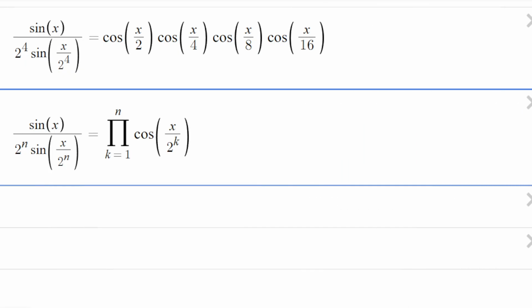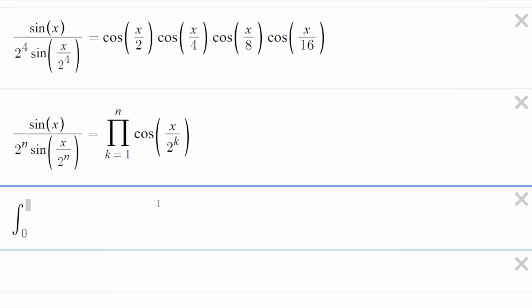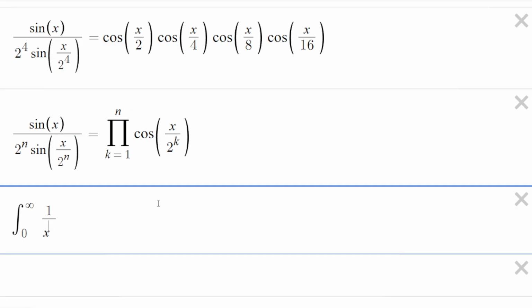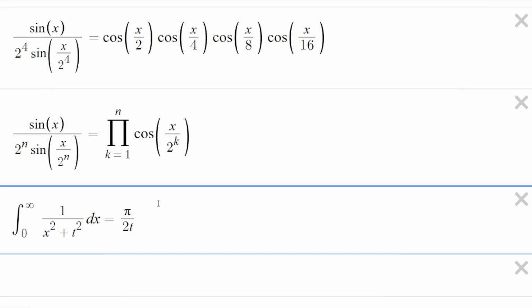Okay. Well, how does that help us? It doesn't help us much yet, but let's do something else. So I hope you would all agree that the integral from 0 to infinity of 1 over x squared plus t squared dx is equal to pi over 2t. And I'm not going to go through how to do that integration. That's fairly simple stuff, but I'll show you that it is true.